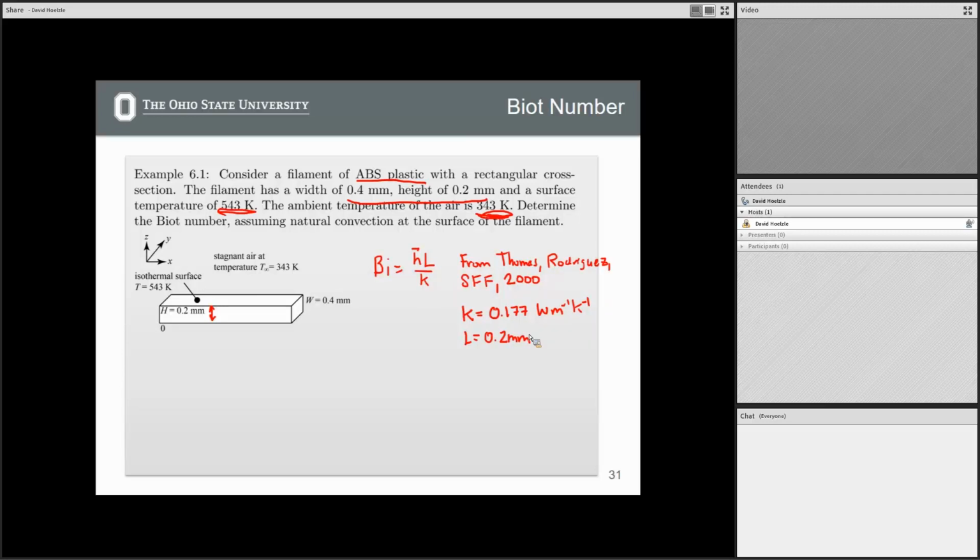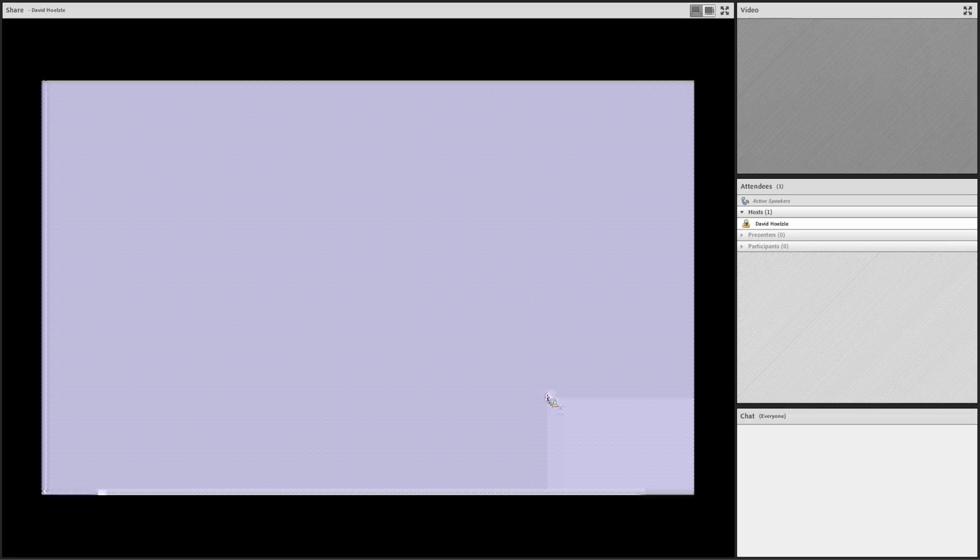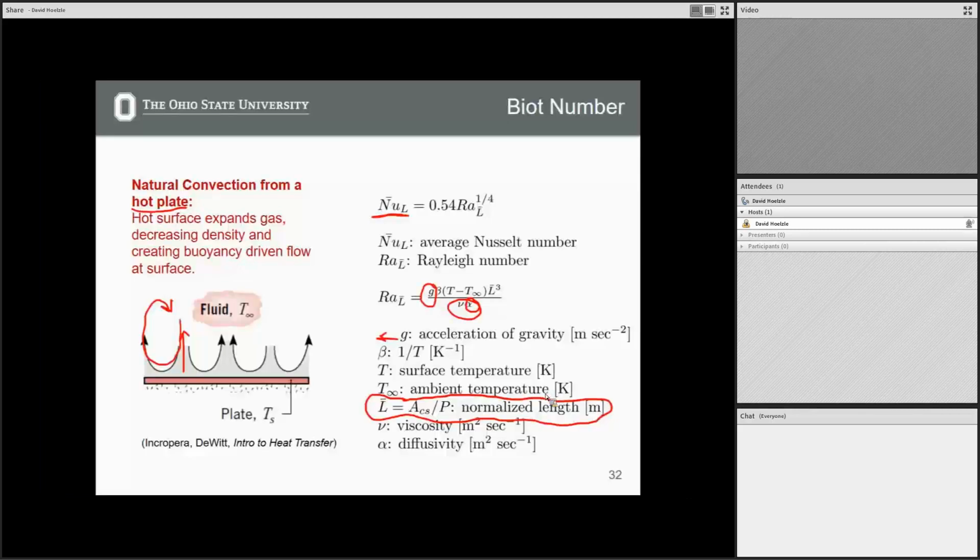So then the difficult part here is finding h bar. Once we have the Nusselt number, we essentially have this. This is going back to notes from calculating the convective heat transfer coefficient for powder bed fusion.